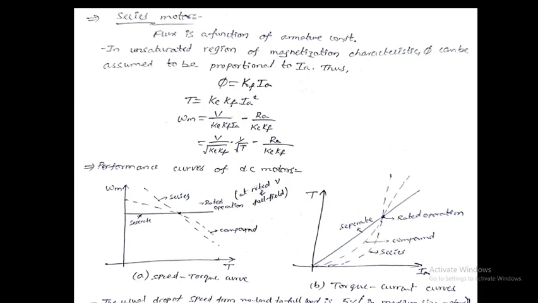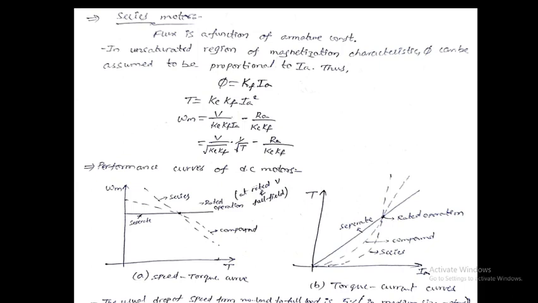Substitute this in the fundamental equation T is equal to Ke pi Ia. Pi can be replaced with Kf into Ia, so the equation for T becomes Ke Kf into Ia square.